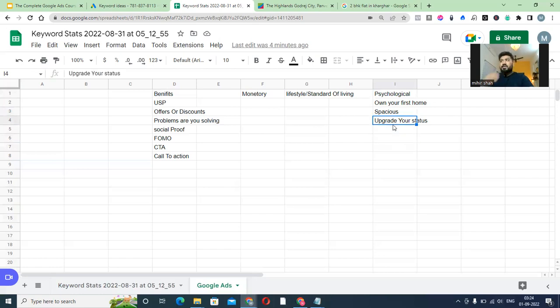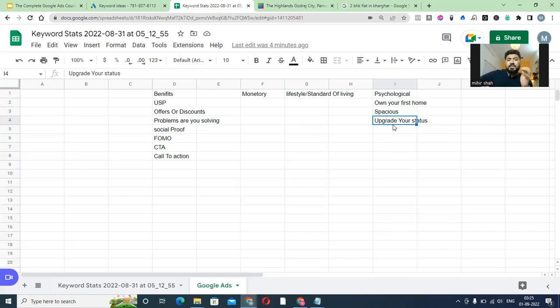For example, most of us live in a simple apartment with a couple of floors and one lift, but the trend is moving towards luxury amenities in a society. So it's always there inside me that I want to upgrade to that status. Even if I have a car today, I would still want to upgrade tomorrow to a better car with better features, from a manual to an automatic. So this feels like an upgrade from a normal area to a good area.